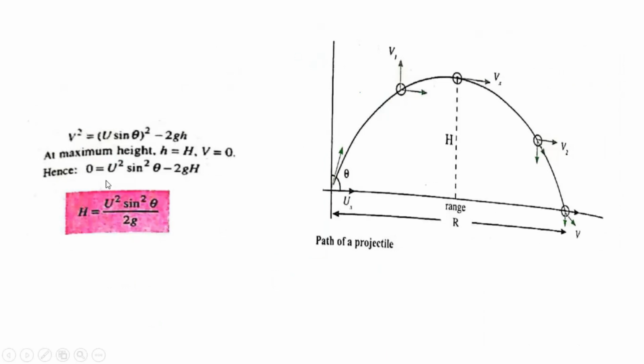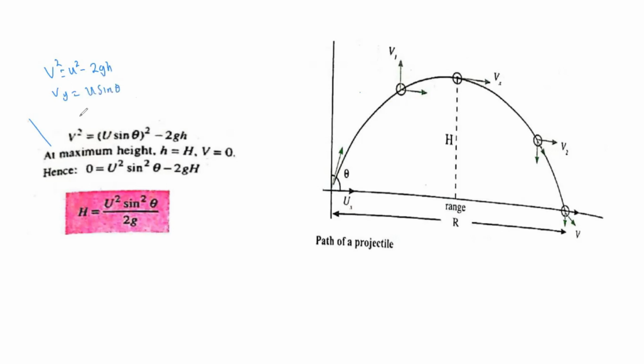In this particular case, v is equal to 0. What we are doing here is v square equals u square minus 2gh, and vy is equal to u sine theta.